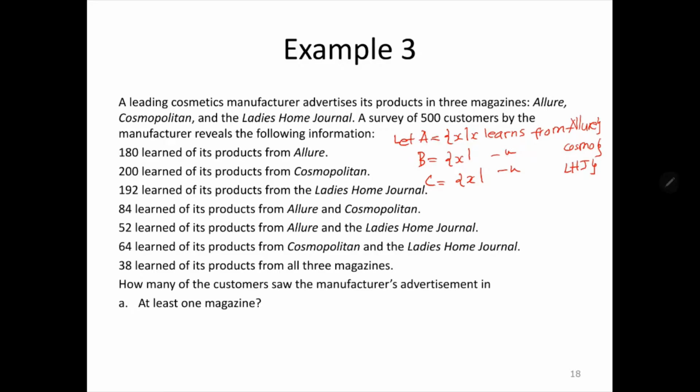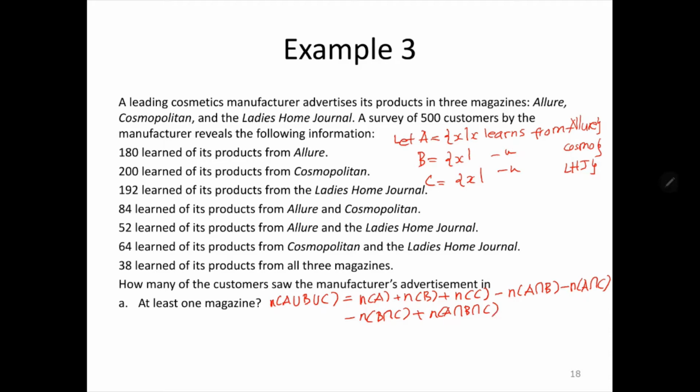If we want to know how many customers saw the manufacturer's advertisement in at least 1 of the magazines, it's in either A, B, or C, or 2 of them, or 3 of them. So we want to know n(A ∪ B ∪ C), and from the previous formula it is the same as n(A) + n(B) + n(C) - n(A ∩ B) - n(A ∩ C) - n(B ∩ C) + n(A ∩ B ∩ C).